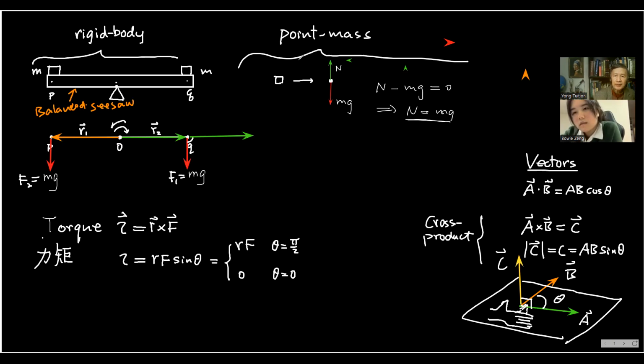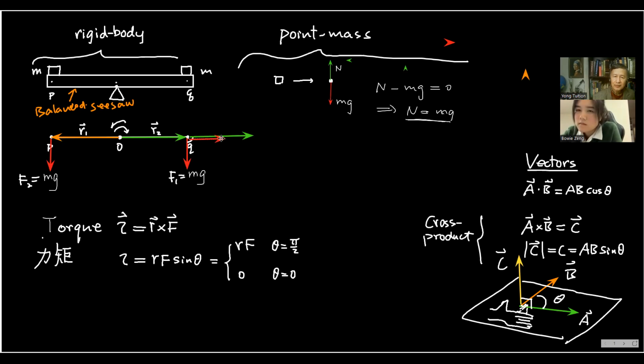So in this case, if the force is toward this direction, can you see that? If we added another force toward the direction of R1, what is the torque of this additional force? This time, what is the angle?